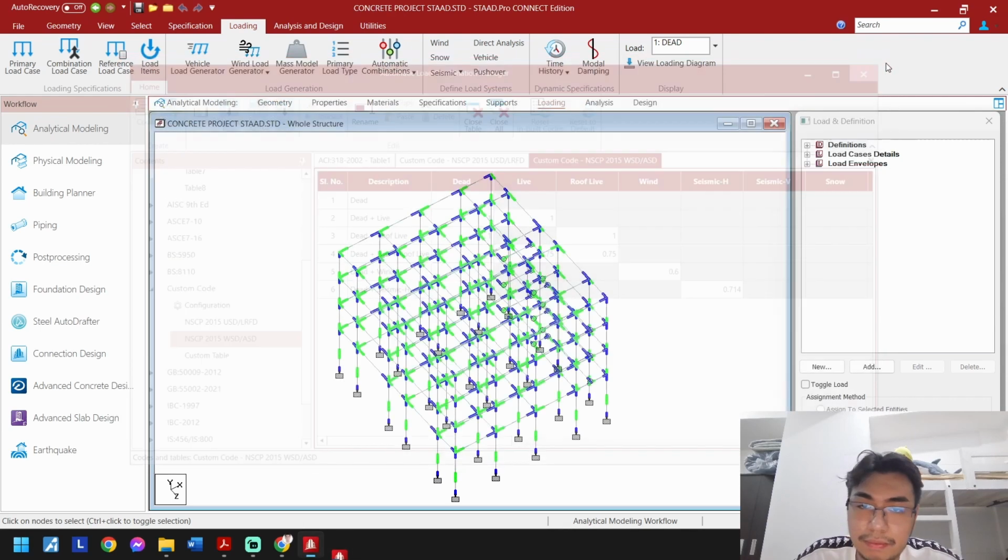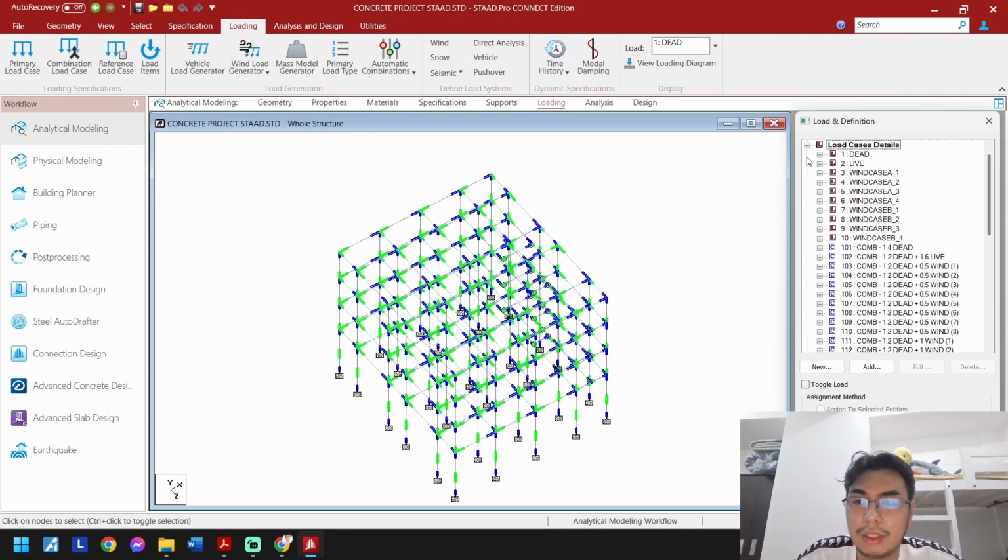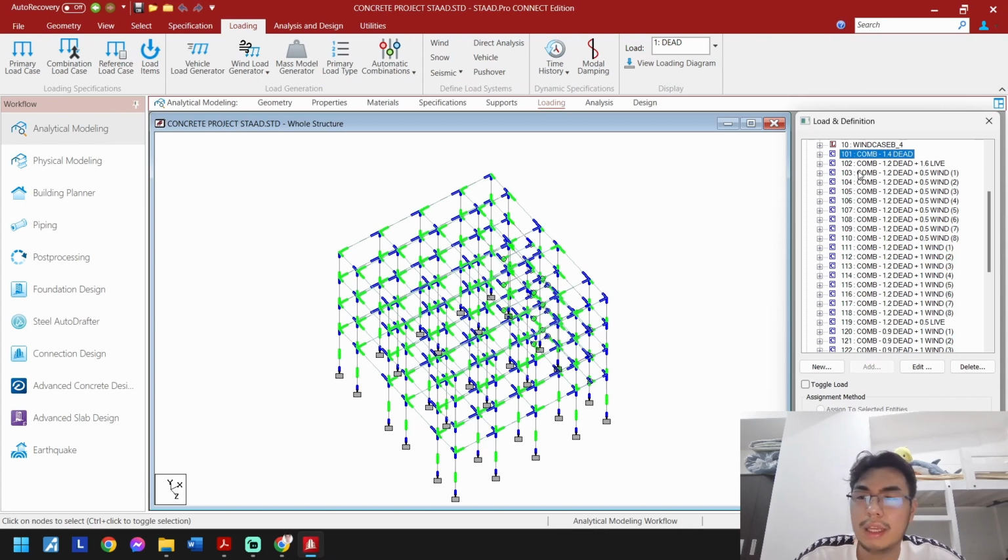Okay. So now, for this case, the ultimate strength design or the USD are designated as the 100 series. So as you can see, we have 28 generated combinations.